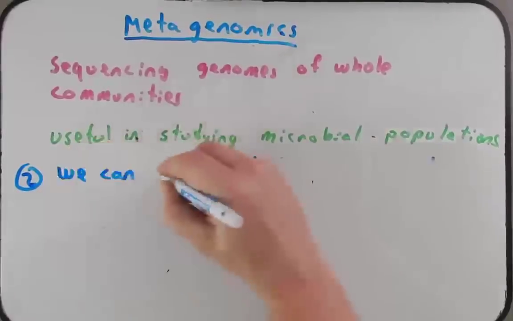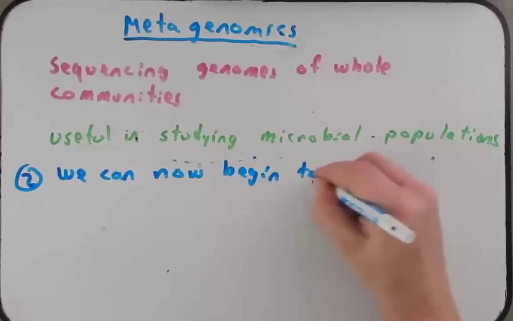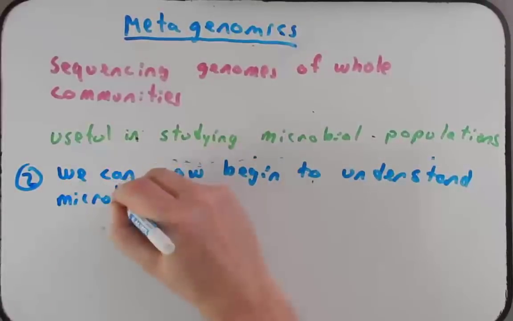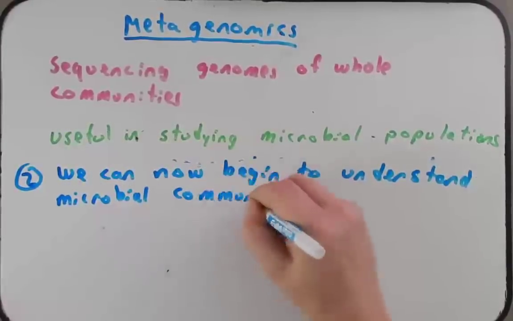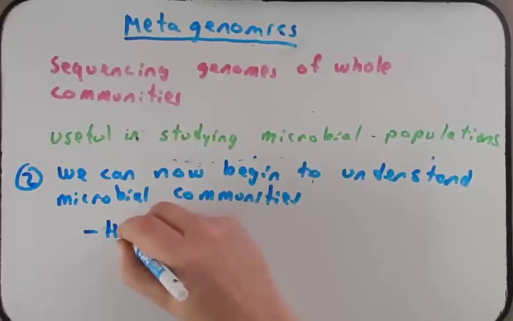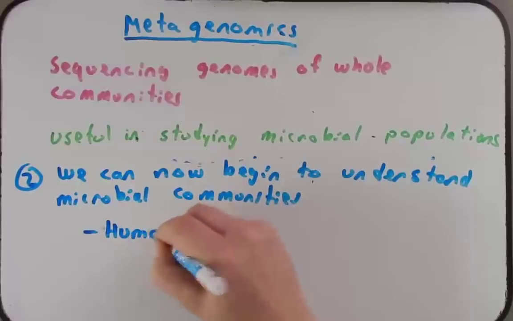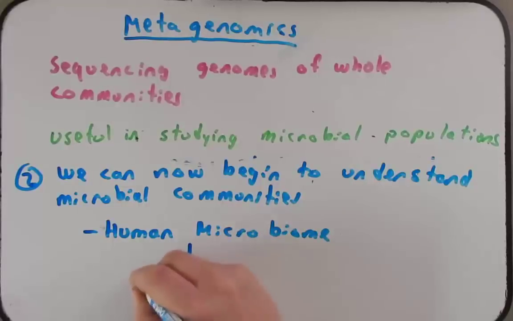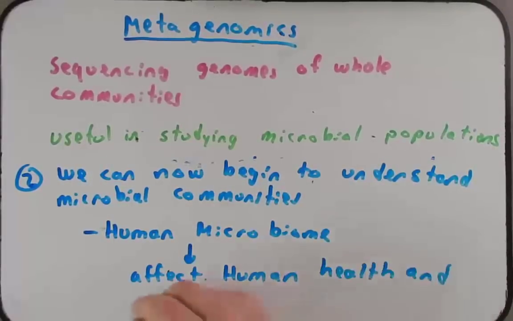The second reason is we can now begin to understand microbial communities. A booming field right now is associated with the human microbiome, meaning all the microbes that live in humans, in our intestinal tracts, in our skin, and how these different microbes affect human health and other traits.